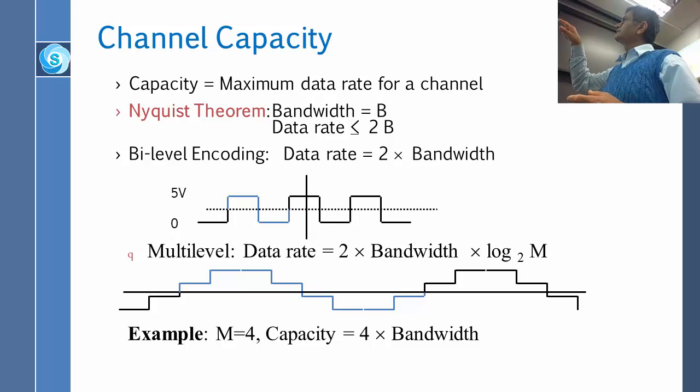So the cycle is 1, 2, 3, 4, 5, 6, 7, 8, 8 seconds long. The bits are half a second long. So we are sending 2 bits per second, but there is a slight problem here.